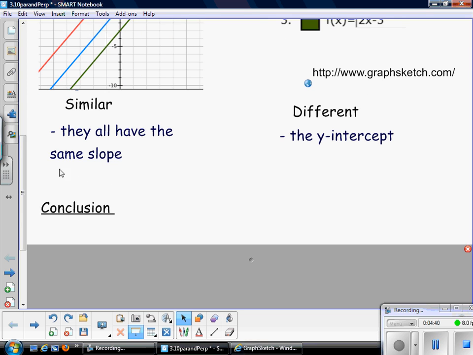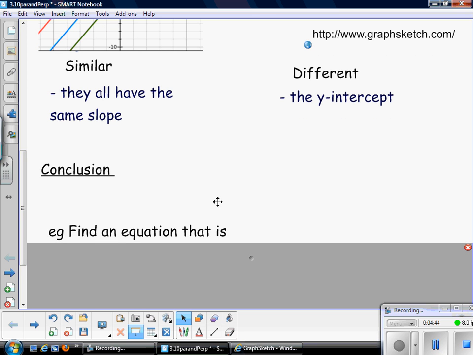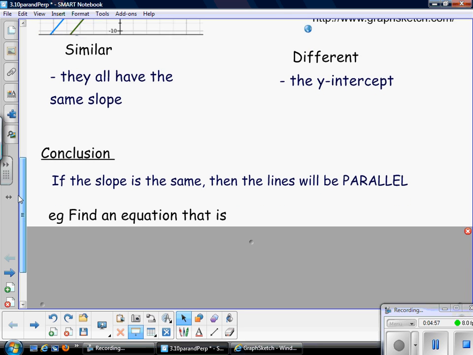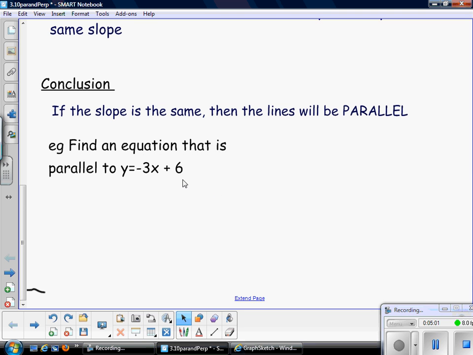What we can conclude from this is that if the slope is the same, then the lines will be parallel. If I recognize that the slope is the same, that means those lines will be parallel to each other. This is the type of question you'll be asked to do. It says find an equation that is parallel to y equals negative 3x plus 6.